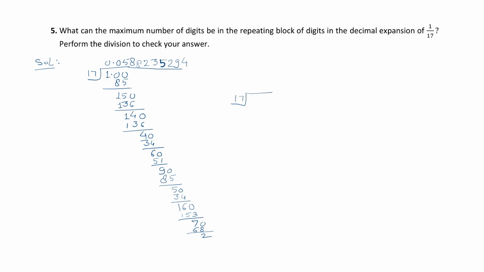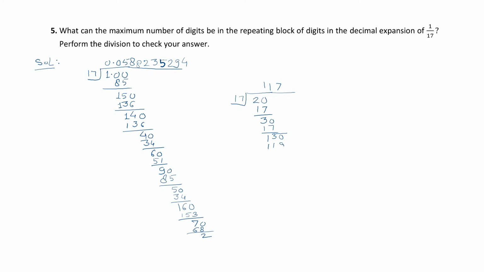So here it becomes 20. 17 ones are 17, remainder 3. So again 17 ones are 17. The remainder is 30, so it becomes 130. 17 sevens are 119.